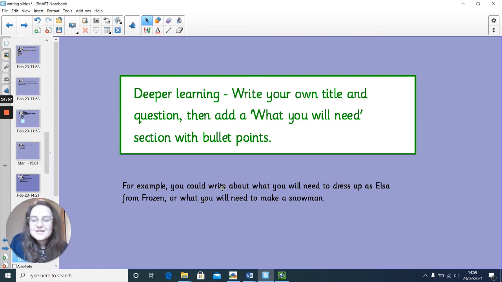Full stop. And then it would say, "You will need," and then you could list all the things you will need, like a blonde wig, a blue dress, some high-heeled shoes, a magic wand, some snow. So you could have a go at that one as well if you wanted to, and you can use any title and a question that goes with it that you would like if you would find that a bit of fun.